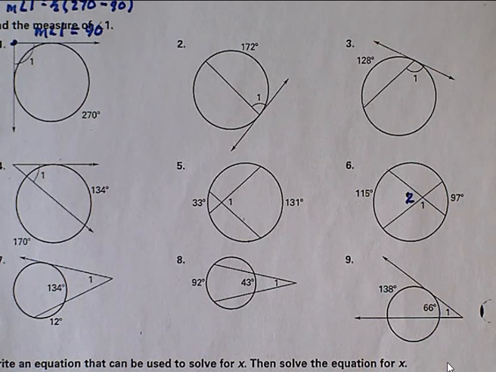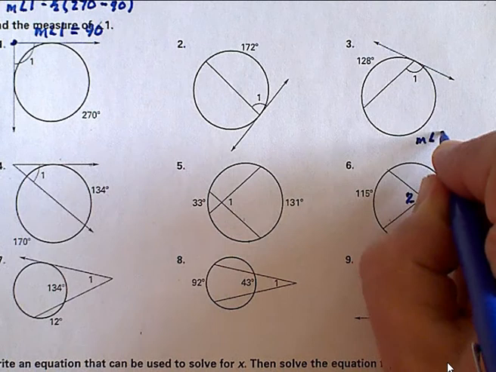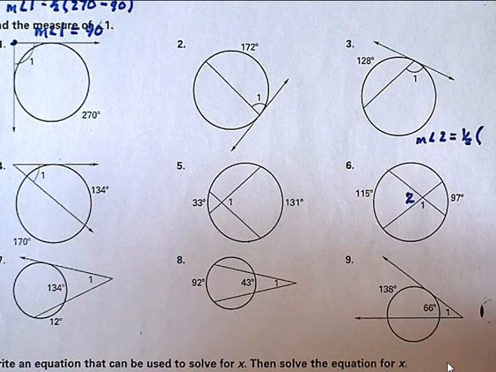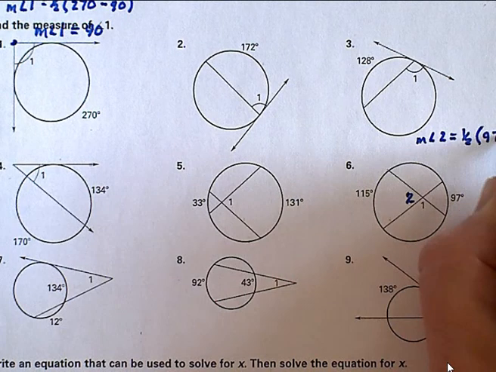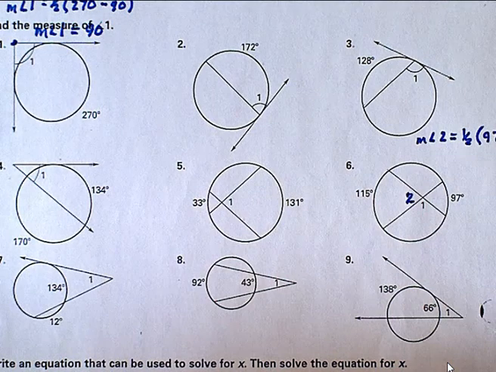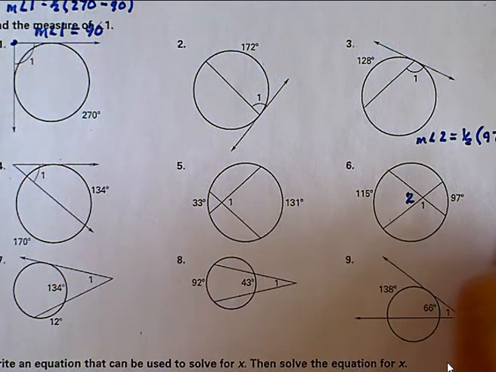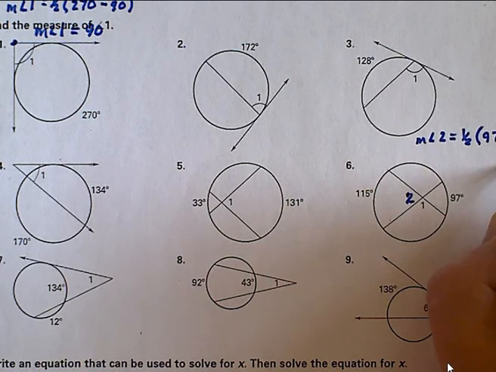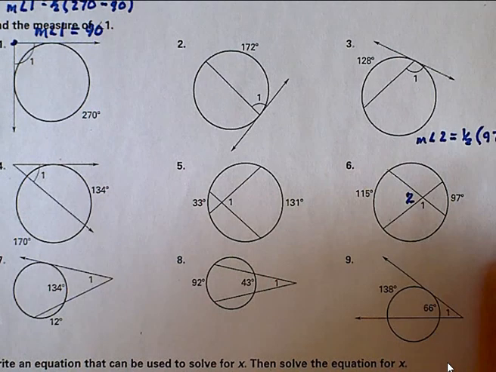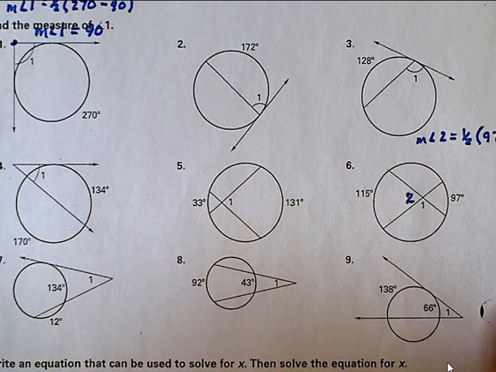So the measure of angle 2 is going to equal 1/2 of 97 plus 115. So if I add those, looks like 212. And when I take 1/2 of 212, I get 106.